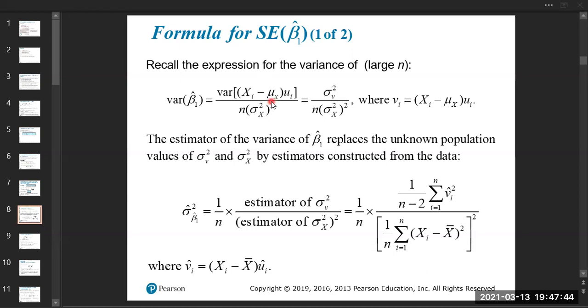This one is mu x. What is mu x? The average of x. This one is ui, which is the error term. Again, this page is not required. Don't freak out, and don't take notes.